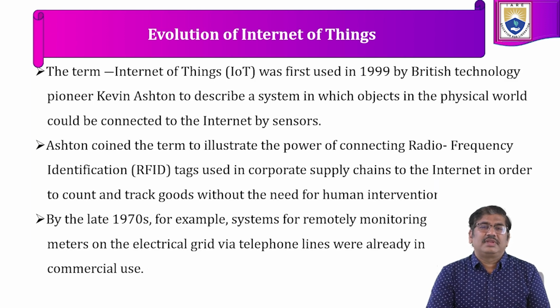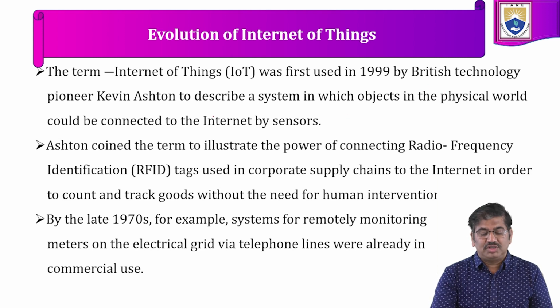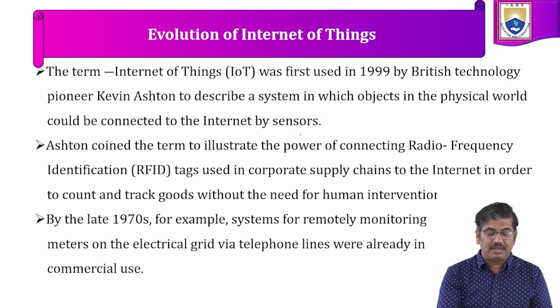The term Internet of Things was first used in 1999 by British technology pioneer Kevin Ashton to describe a system in which objects in the physical world would be connected to the internet by sensors.